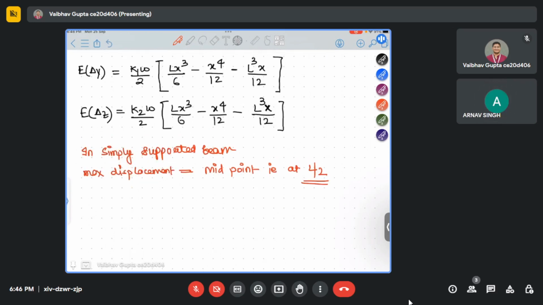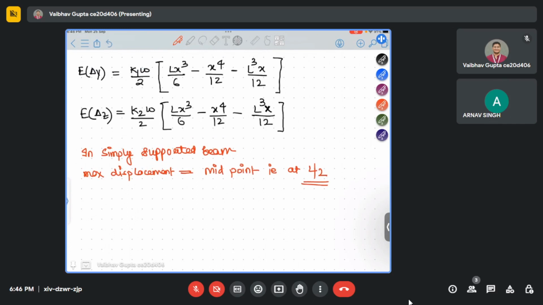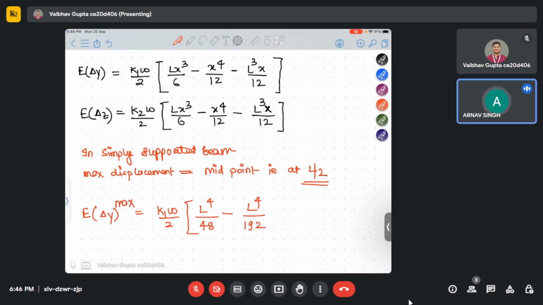So now we'll put the value of x equal to L by 2. So E del y max, we will calculate what we will get: K1 W by 2 into L^4 by 6 into 8, that is 48, minus L^4 by 16 into 12, that is 192, minus L^4 by 24.